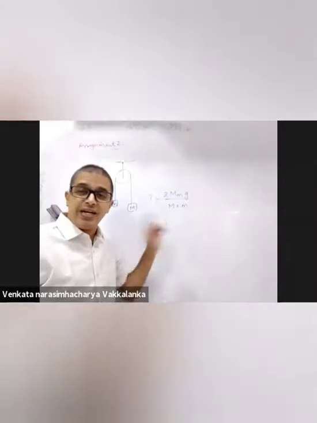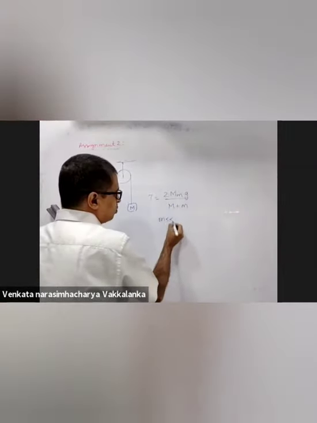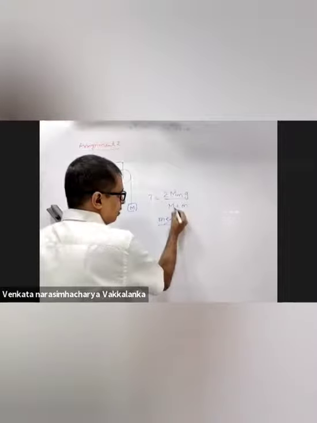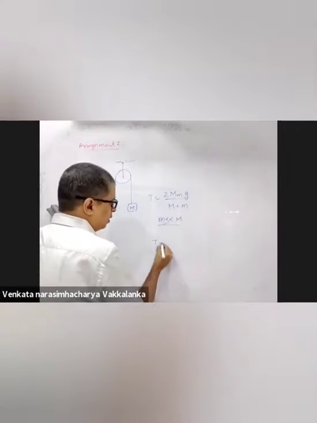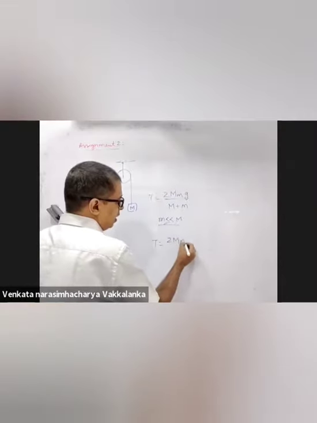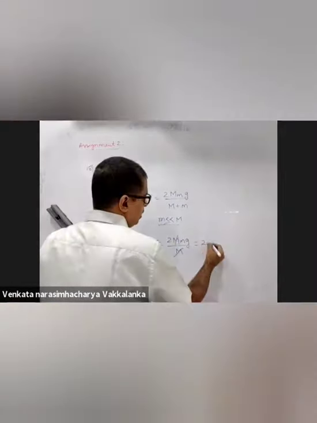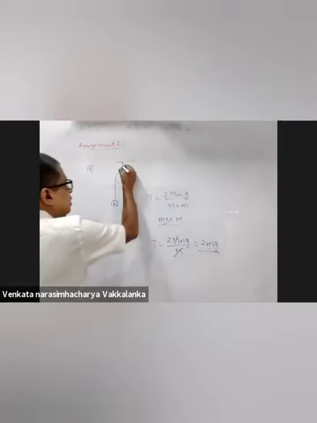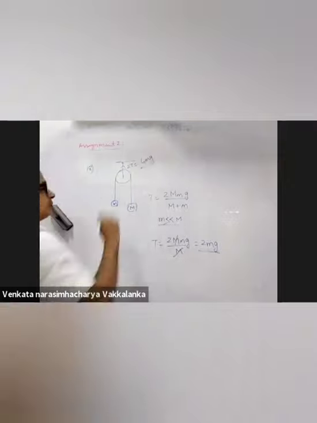We calculated acceleration and tension. Now he is telling you small m is much smaller than capital M. So in the denominator you can neglect small m. Tension will be 2 capital M small mg upon capital M. This will be 2mg. So here tension will be 2T. This will be 4mg.